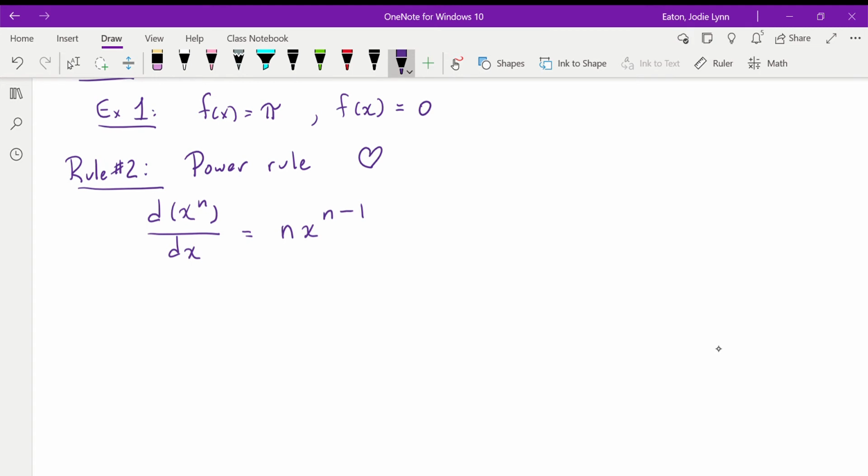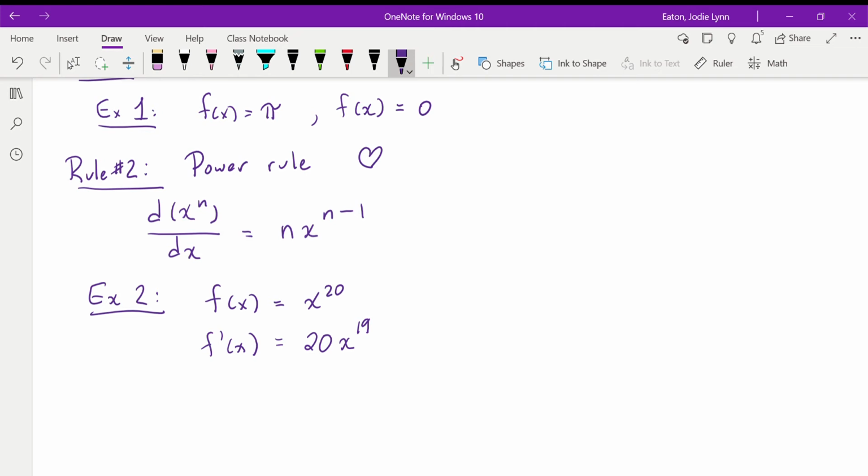So an example here, let's say f of x equals x to the 20th. And we want to know what f prime of x is going to be equal to. What we do is we take the power, and the power we have is multiplying our function. So it was x to the power of 20, so we get 20 times x to the 19th.